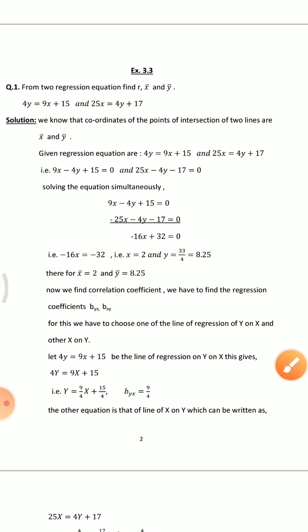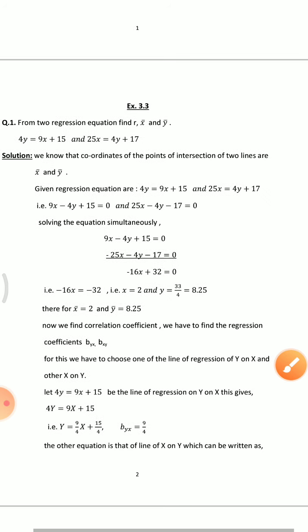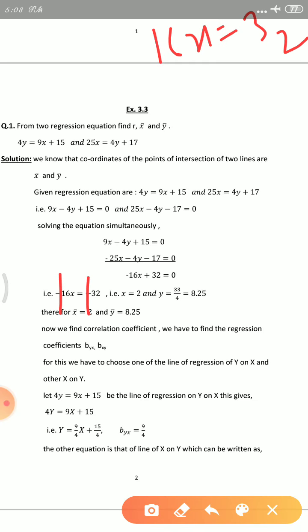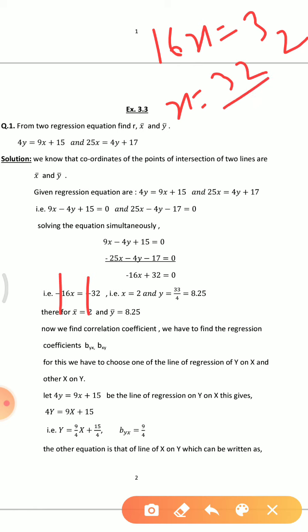That means minus 16x = minus 32. The minus sign gets cancelled, so 16x = 32. That is x = 32 upon 16, x = 2.